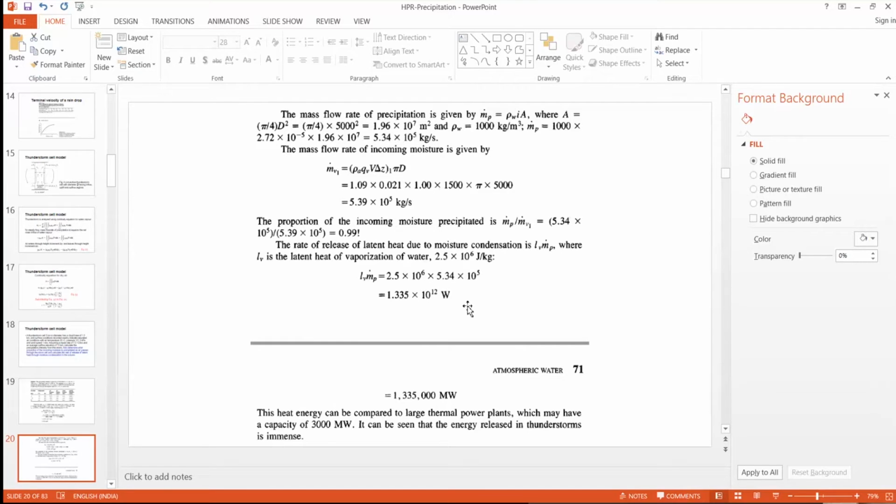From this we can calculate the amount of energy released during this thunderstorm, that is equal to 1.25 into 10 power 4 watts.